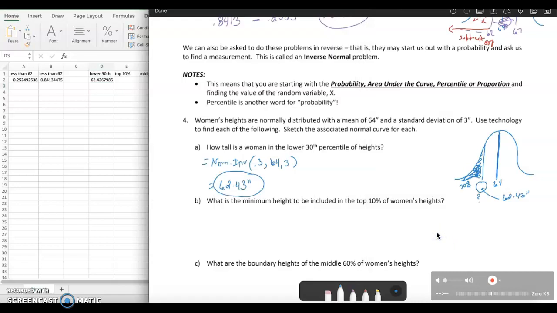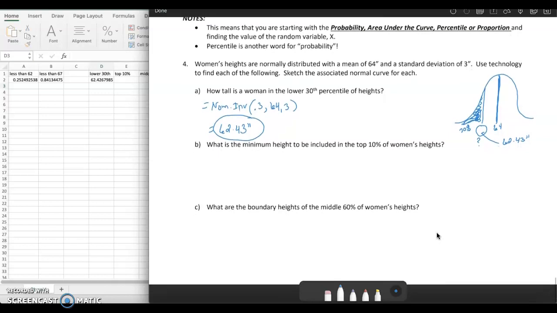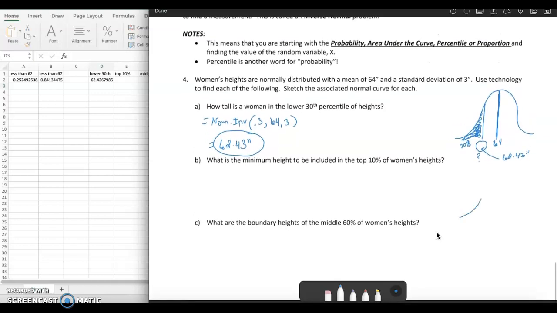Okay, what's the minimum height to be included in the top 10% of women's heights? In this case, we want only the top 10% to be shaded. So somewhere up here, there's a value where 10% of the curve is shaded on the upper side.